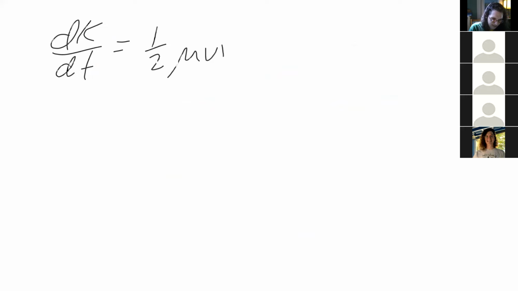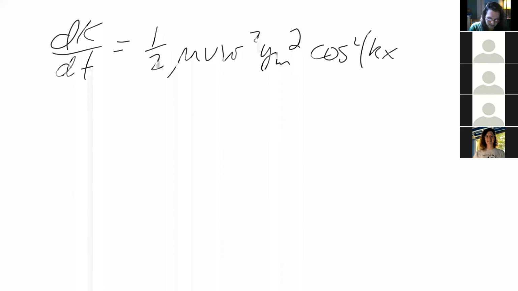We have one for each. So the two equations are dK/dt is 1/2 mu v omega squared y max squared, and then there's a cosine squared of kx minus omega t inside.